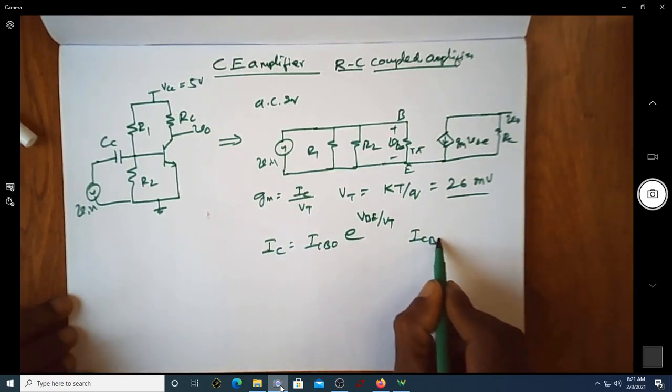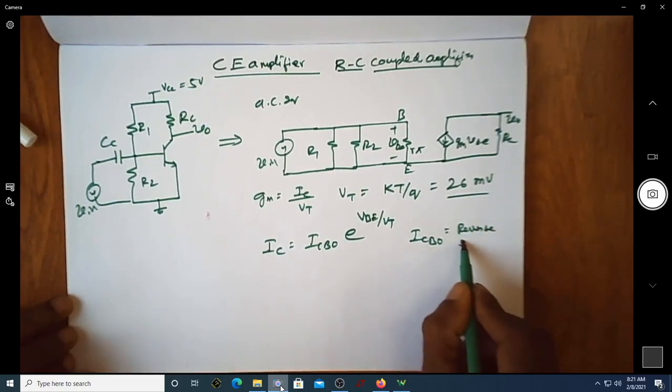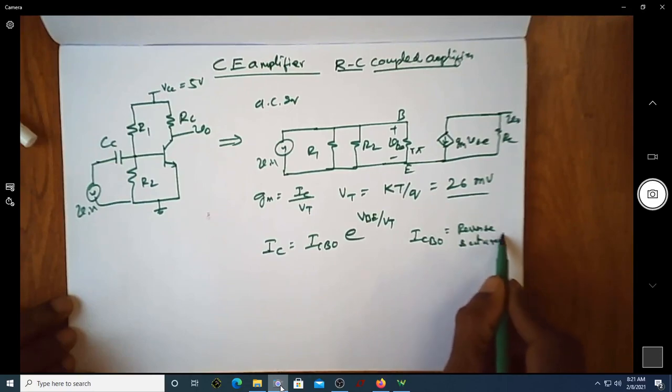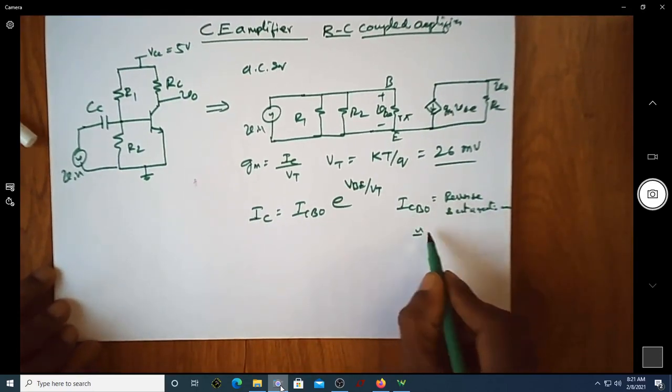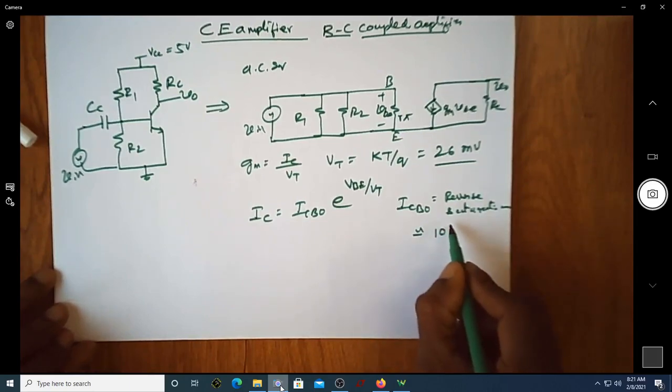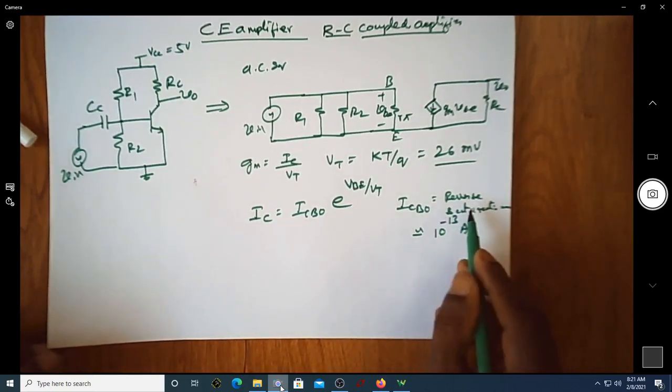So this ICBO is nothing but the reverse saturation current for the BJT, which is of the order of 10 power minus 13 amperes. Of course it is a very small current because we are looking at reverse saturation current.